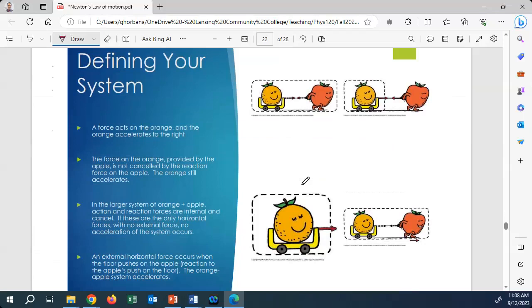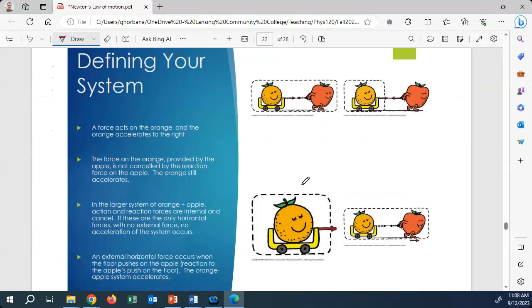We need to analyze the motion of that object. Sometimes we have more than one object. So if we have more than one object, we need to define a system. We use the system to analyze the motion of particles.